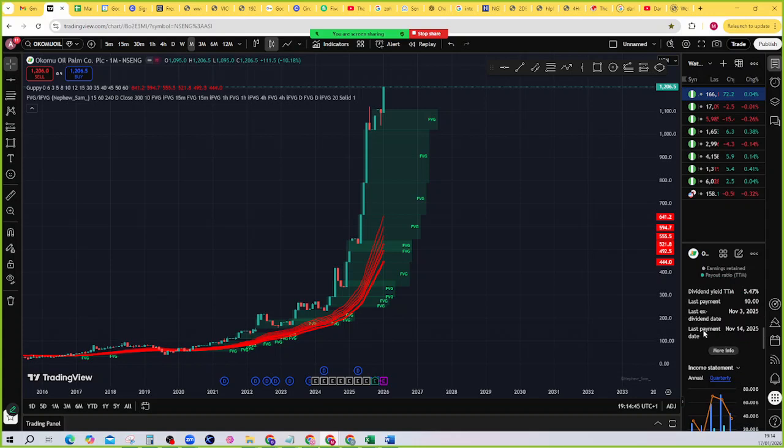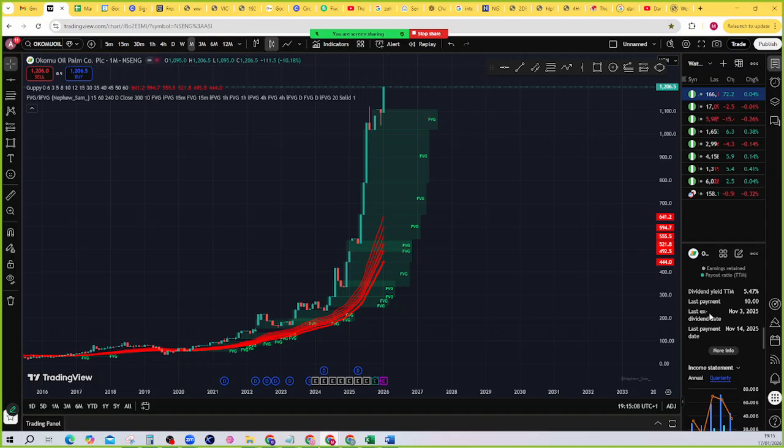These people are paying almost the same 10 naira. So if Okomu is paying 10 naira at this price and Presco is paying the same 10 naira at 1,600, me, I would say Okomu is better because Okomu is still cheaper.